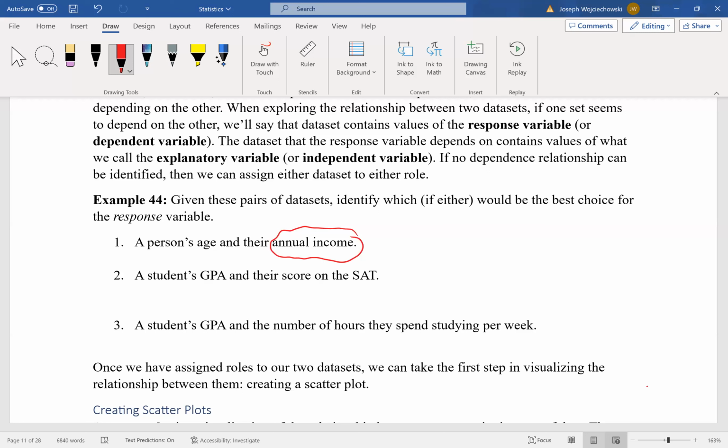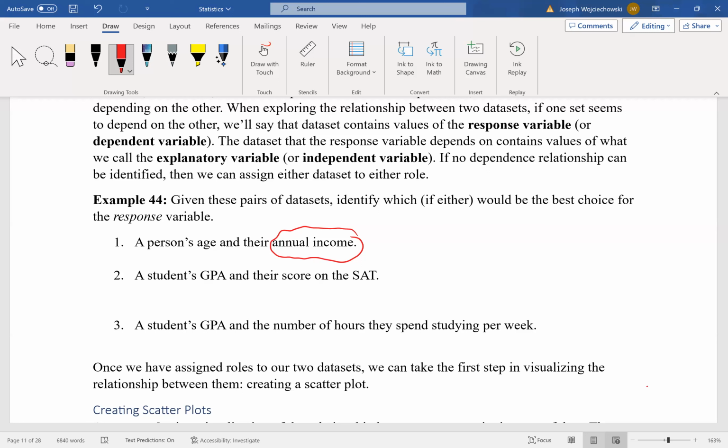Once you get to retirement age, depending, your annual income may drop down if you didn't save money some other way. Also, we can look at this from another standpoint too. If you have a high annual income all your life, you may be able to provide yourself with more medical care that would extend your lifetime. But again, we're going with annual income. That seems the most obvious.